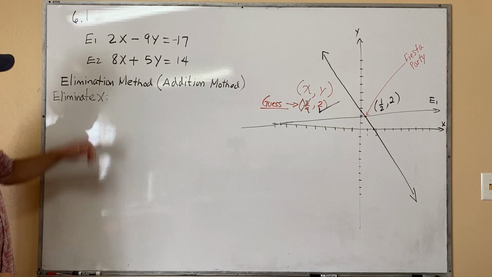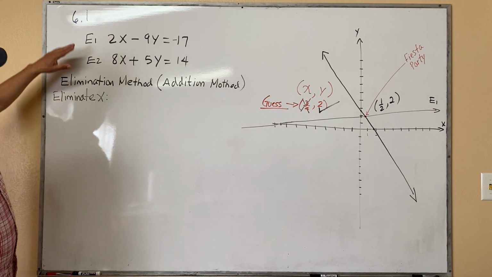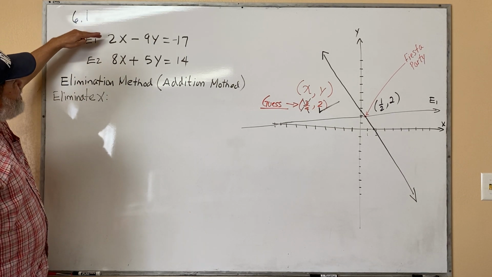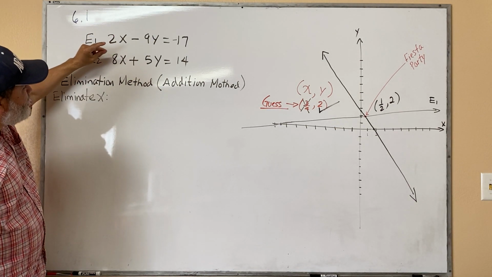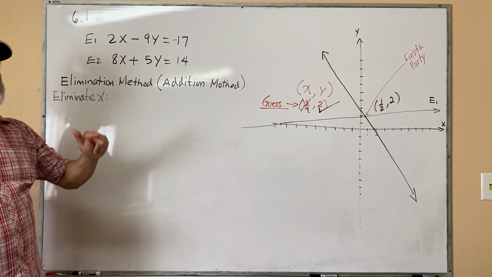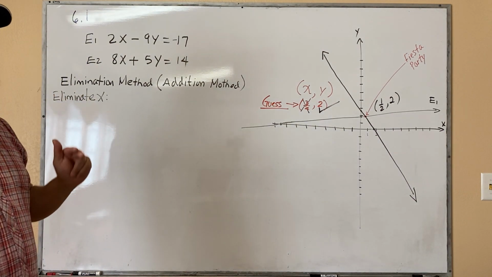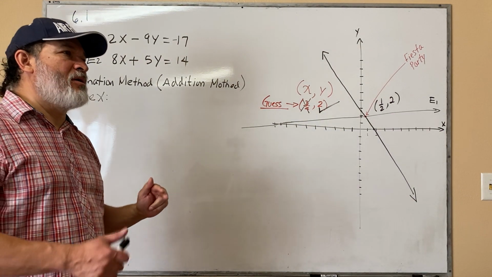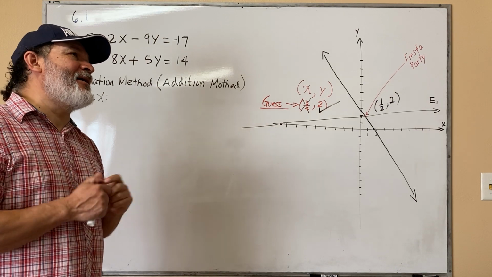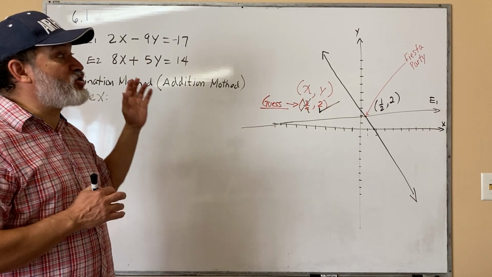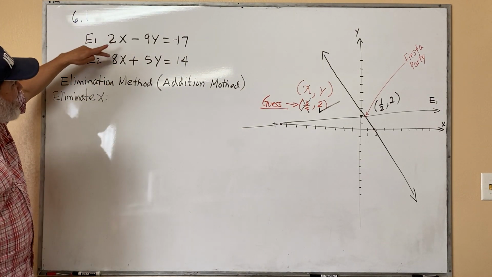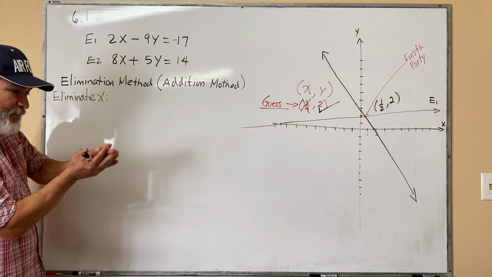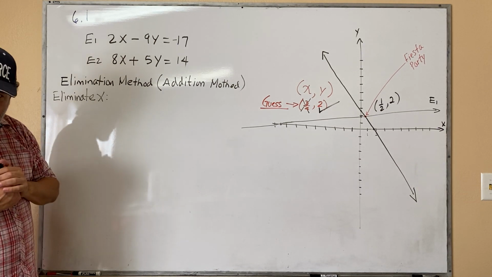How do I eliminate x? Well, to eliminate x, I'm going to add both equations, and I need the x terms to cancel each other. I need this x and this x, when you add them up, to cancel each other.